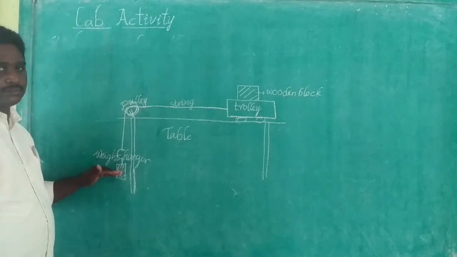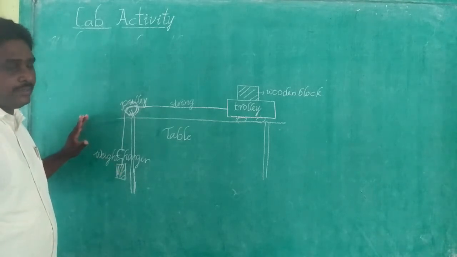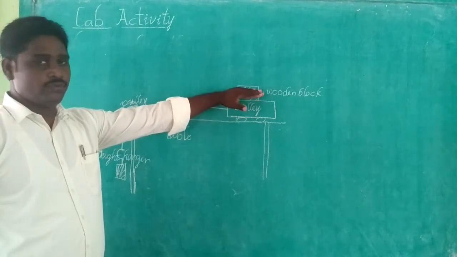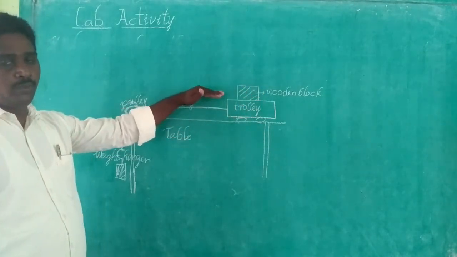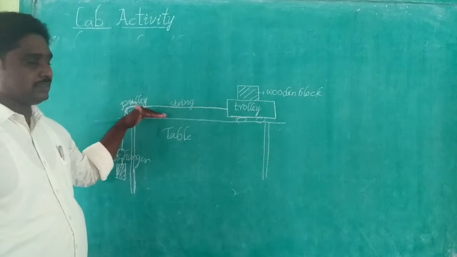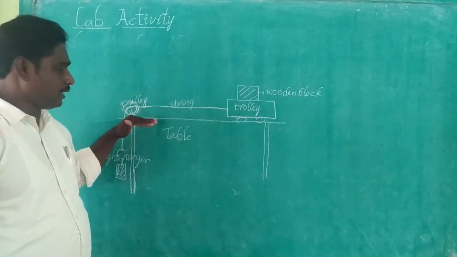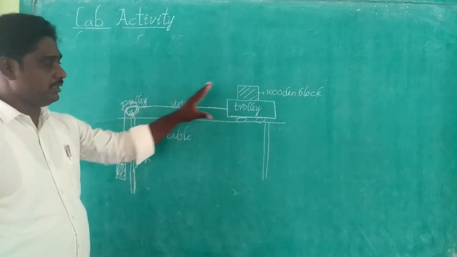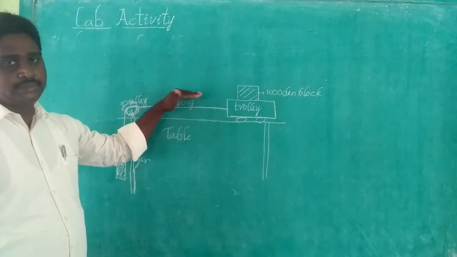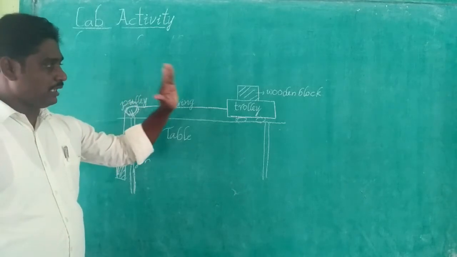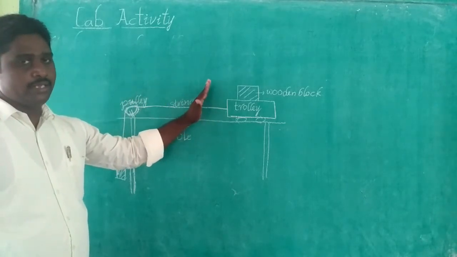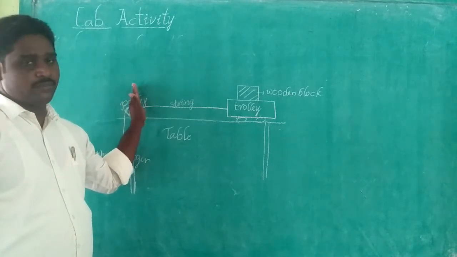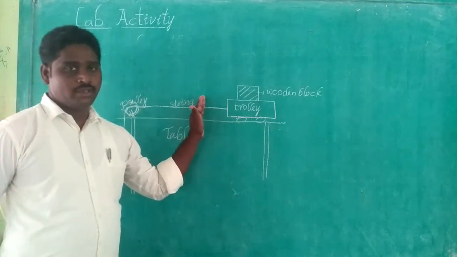What happens? We notice that this trolley along with the wooden block both move on the surface of the table. We observe that these two are both in motion. The change of speed of the trolley with time is said to be acceleration.